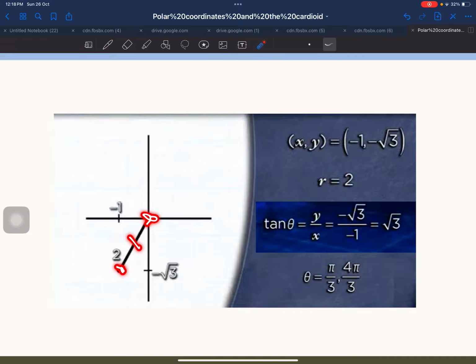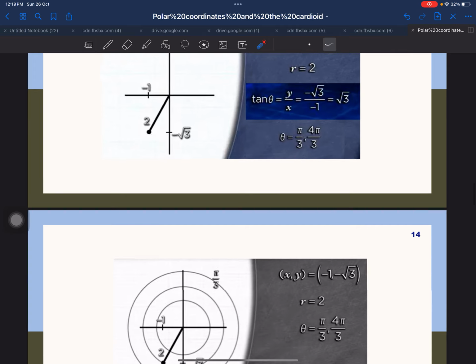But you ask yourself, in what quadrant are we located here? Yes, we're in the third quadrant because both x and y are negative. So that's going to mean something when we calculate the angle. How do we find the angle?